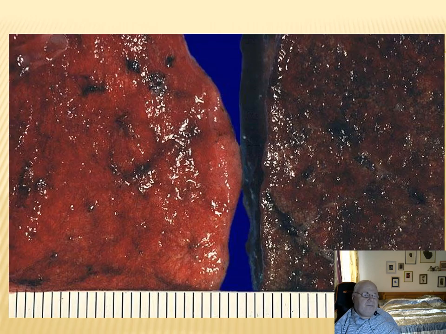Also, in the alveolar spaces, as we saw already from the acute moment, small hemorrhages are taking place. These red blood cells leaked in the alveolar space are removed by the local macrophages.